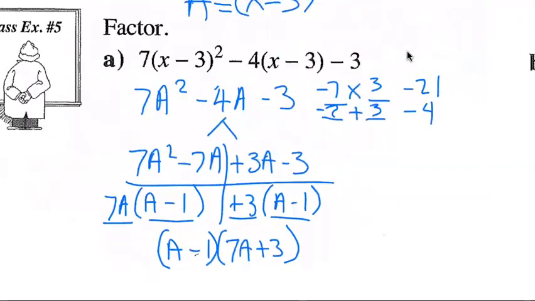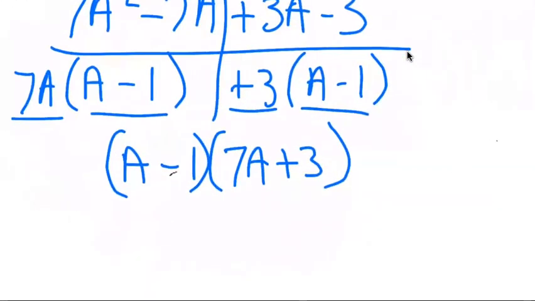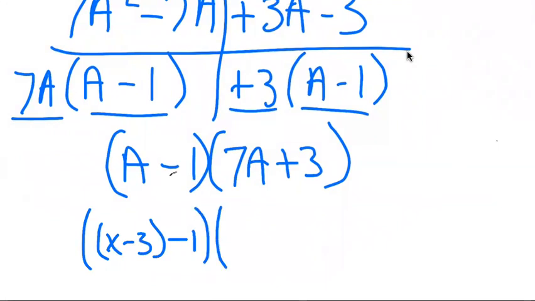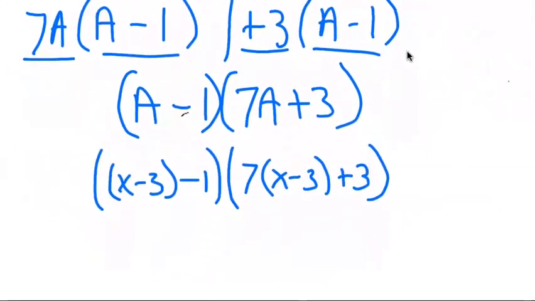Because I substituted x minus 3, I have to substitute back. So this is where it gets a little bit tricky. There's my starting bracket, x minus 3 minus 1. I always put these back in brackets because there's some bombing that might have to happen. So 7 bracket x minus 3 plus 3, and you can see it right there with that 7. So now we don't like to have brackets within brackets.